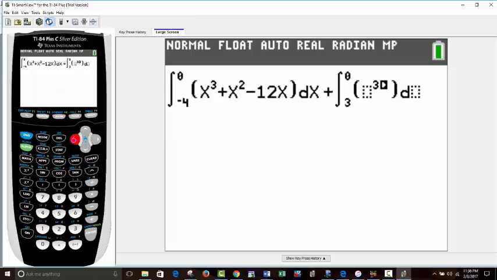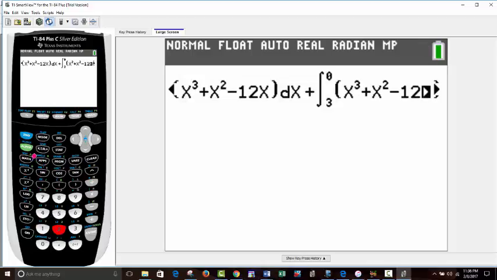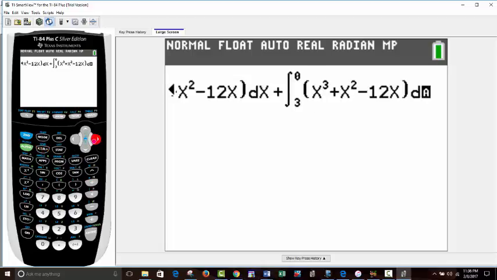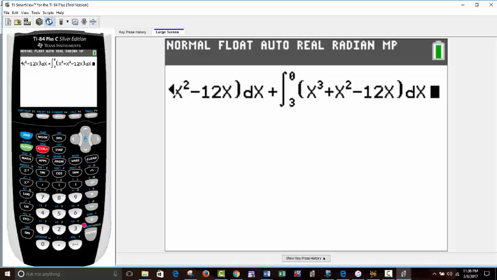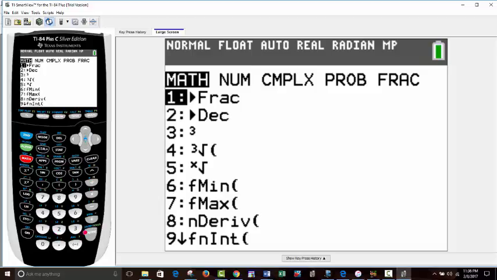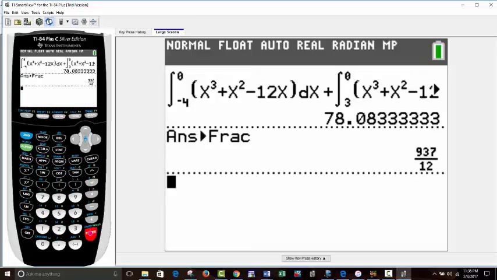I'm too busy looking ahead, so I need to focus in on whatever step I'm trying to do. x cubed plus x squared minus 12x, dx. Right.